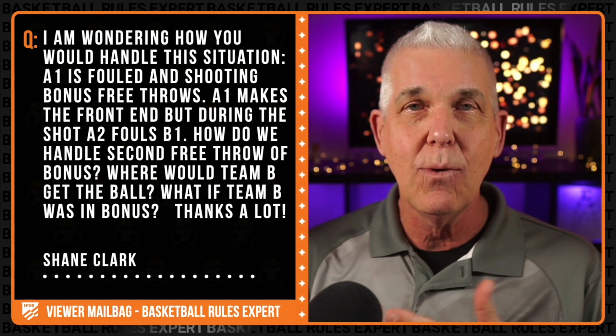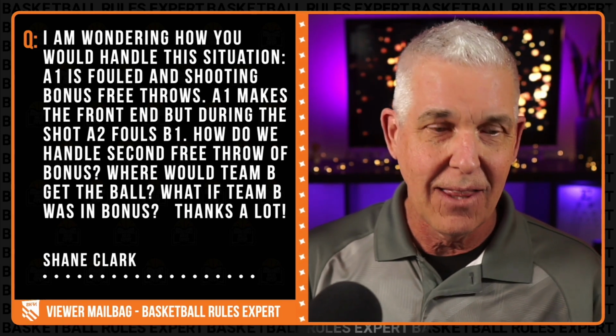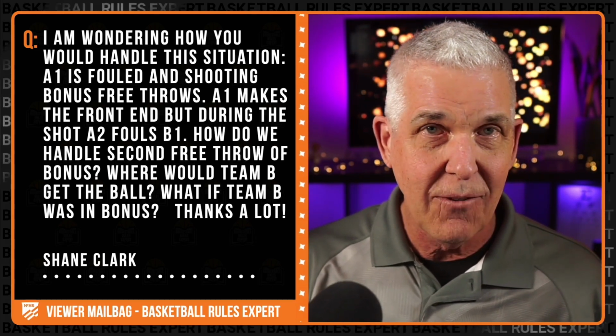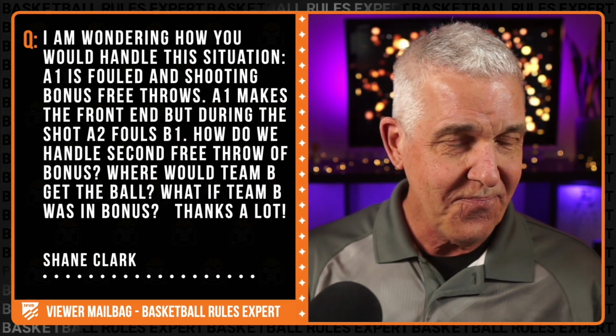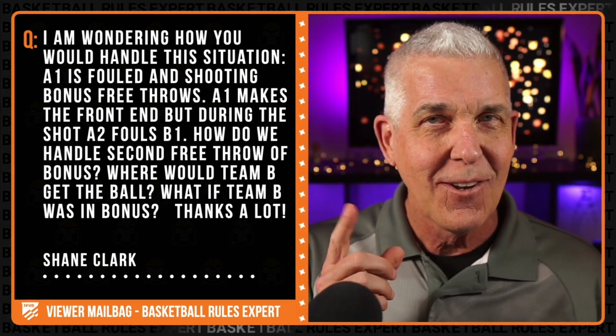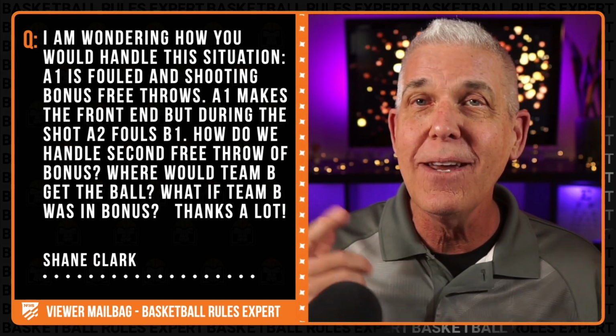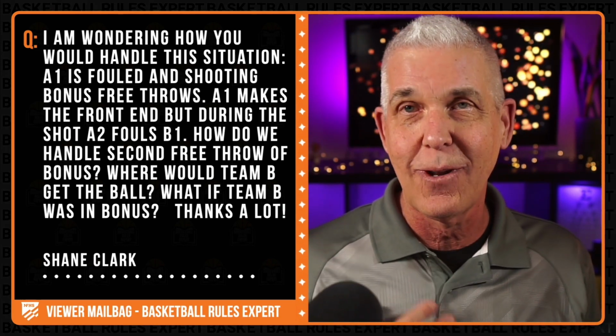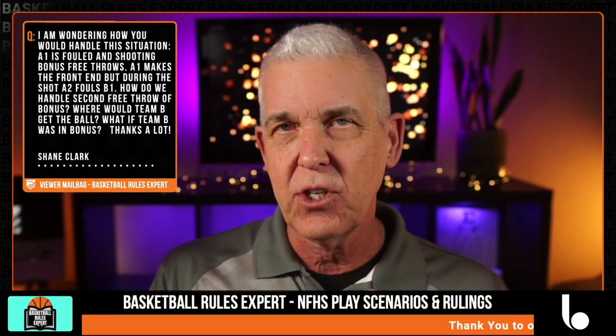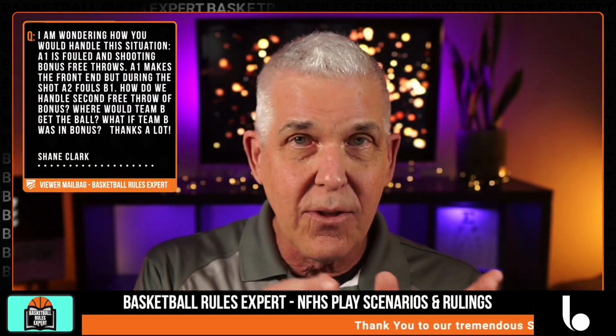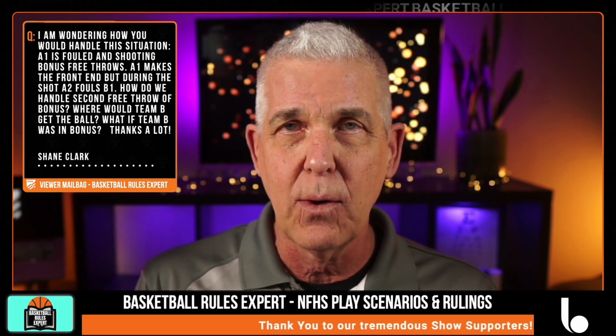What if Team B was in the bonus? Thanks a lot. Well, thank you, Shane, for the question. Of course, this probes at a previous erroneous ruling that I had, but let's think this through. So we have bonus free throws, either 1-and-1 or 2-shot bonus.